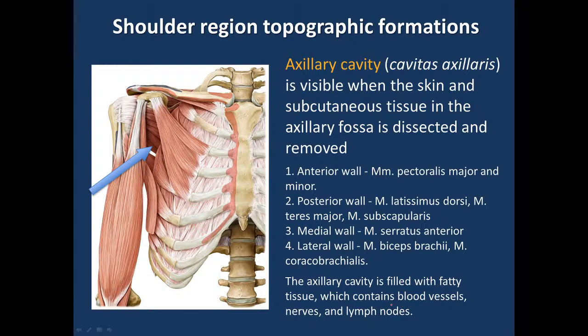It also has blood vessels inside, nerves, and lymph nodes. It is especially important to know what kind of lymph nodes and how many are located in the axillary cavity when we deal with cancer of the breast in women.